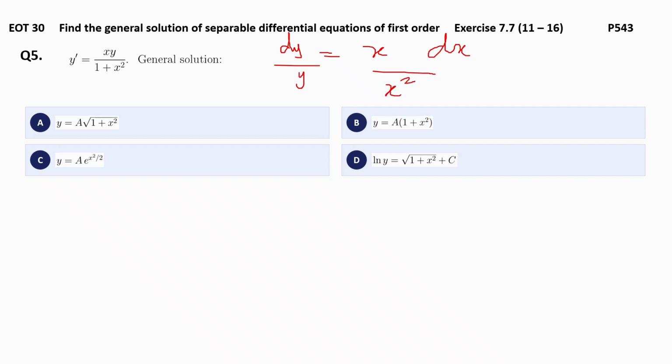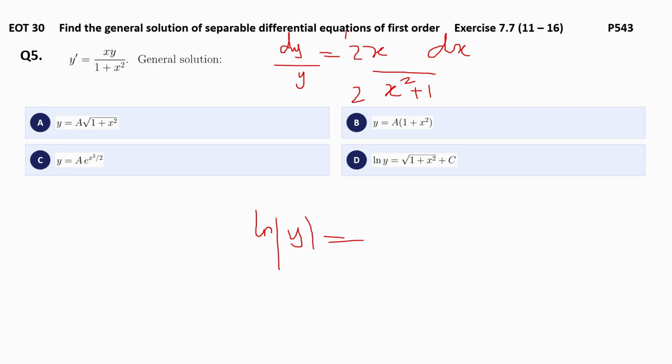See, the left hand side can be written as ln y, no problem. But on the right hand side, your denominator has x square, right? So when you differentiate you get 2x. 1 less on the numerator. So 2 is missing. So if you want to include a 2, you should divide by a 2.